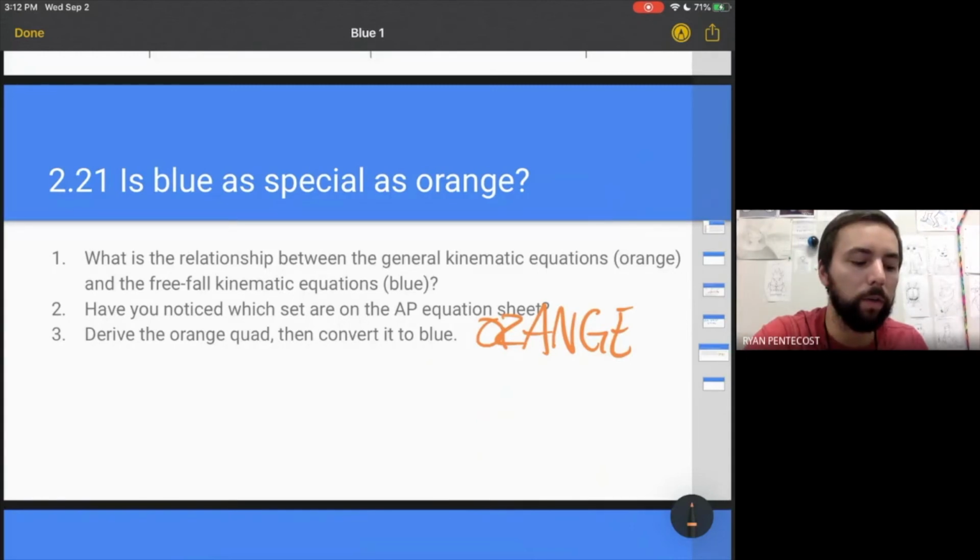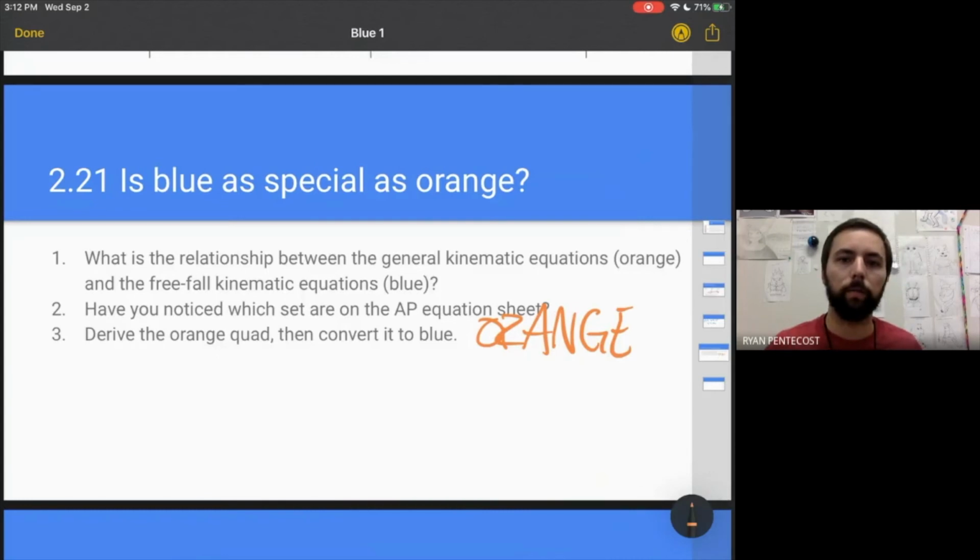And if you can do your free fall problems with just orange, then you're good to go with just using this equation sheet on your test. And then you're more familiar with those equations. I don't want you guys to remember that, okay, so this is how I convert orange to blue, and then I can use my blue equations, things like that. It just gets tricky, and it takes up time. I think that it's easier to just stick with the orange.